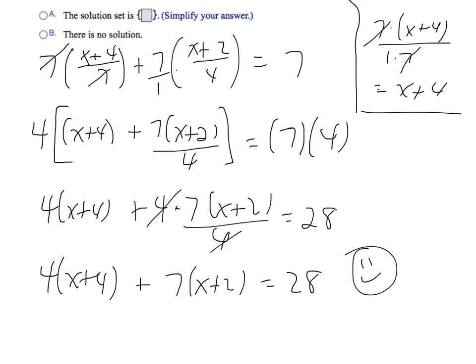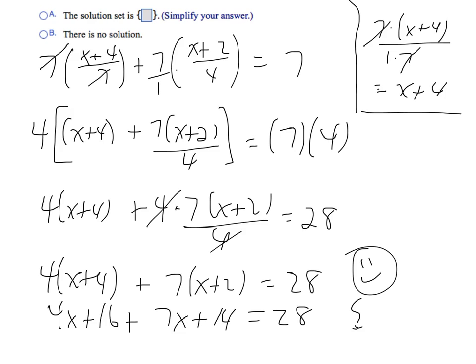And so once I get to this point, I can solve this like a normal equation. I can distribute my multiplication by 4 through here and get 4x plus 16 plus 7x plus 14 equals 28. And then I should be able to solve it. I'll have 11x plus 30 on the left, and 28 on the right, and so everything should be okay.